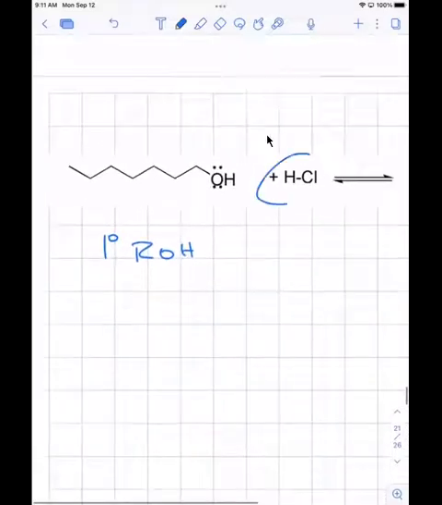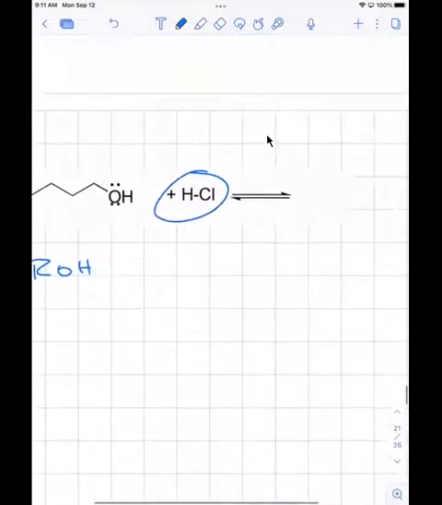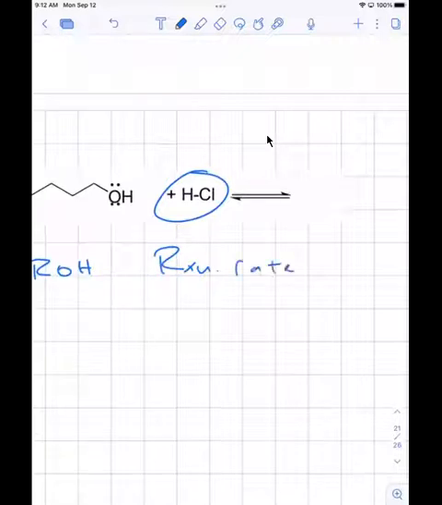Now, using HCl with that primary alcohol, what would you expect to happen to the rate of the reaction? What would you expect to happen to the rate? Is it concerted?